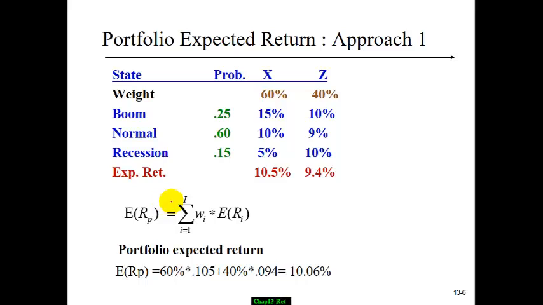So using approach 1, we can simply use the weighted average of expected returns. 60% of my money earns on average 10.5% return. 40% of my money on average earns 9.4% return.